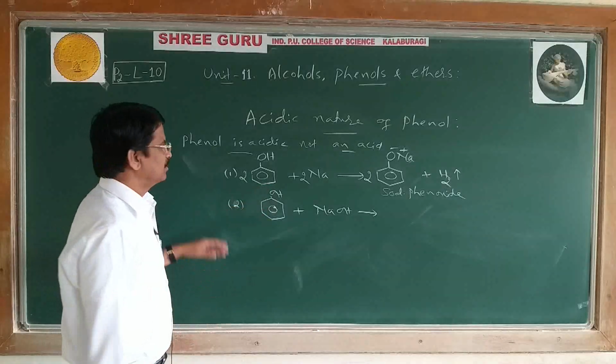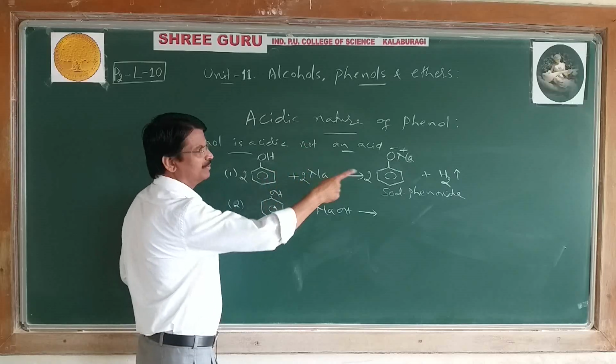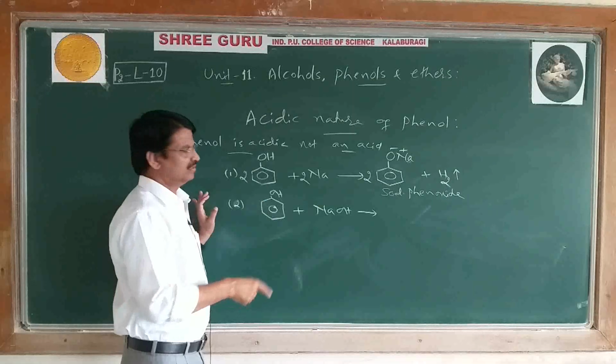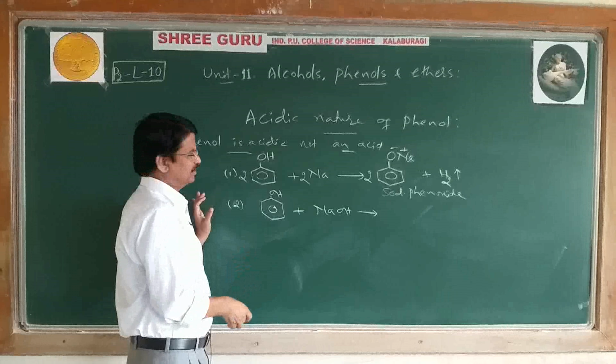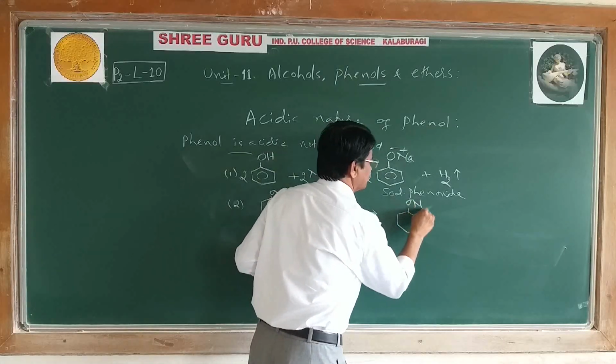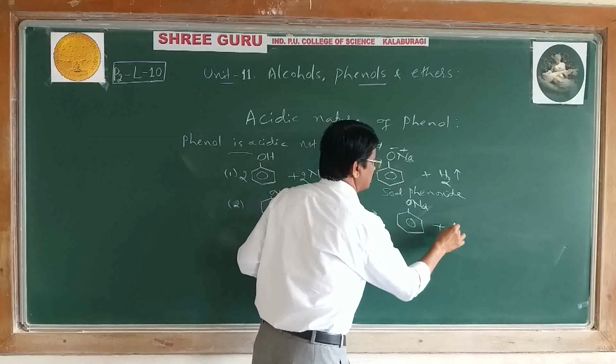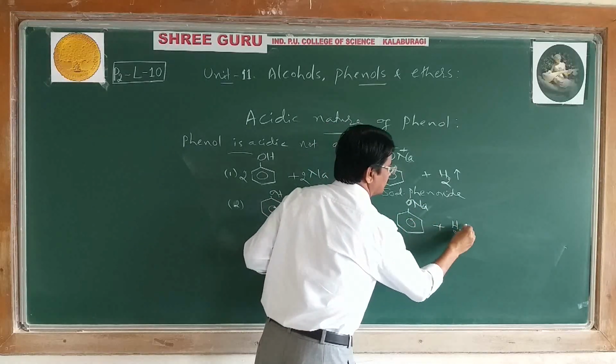So phenol is acidic because it reacts with sodium metal, liberating hydrogen gas. Next, phenol plus sodium hydroxide gives the same compound, sodium phenoxide, plus H2O.